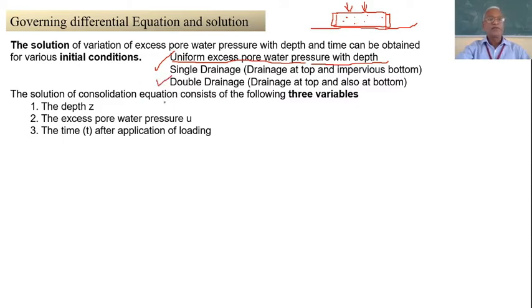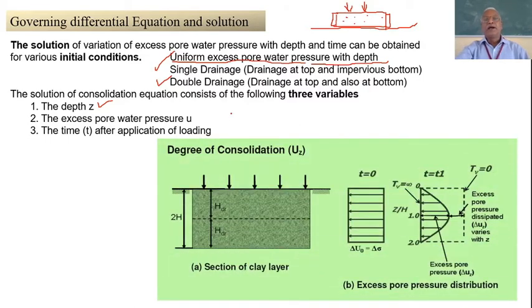Now the solution of the consolidation equation consists of the following three variables: the depth Z, the excess pore water pressure U, and the time factor, that is the time t required for consolidation to occur from the beginning after application of loading. So there are three variables. I think with this figure things will be more clear.